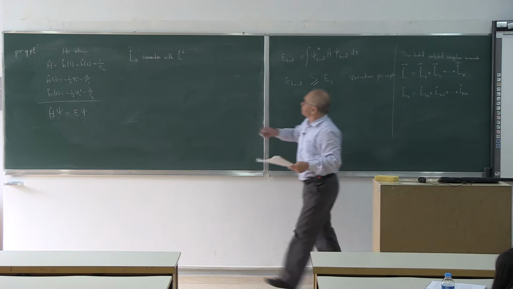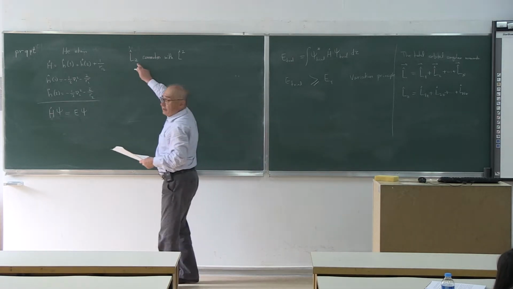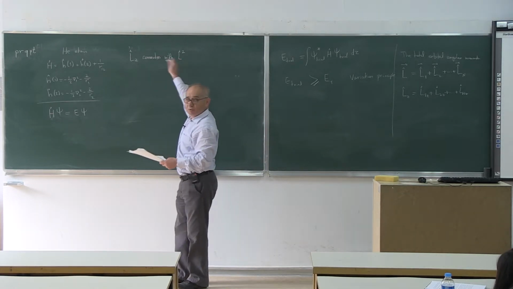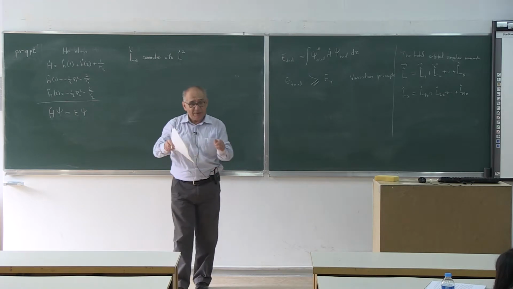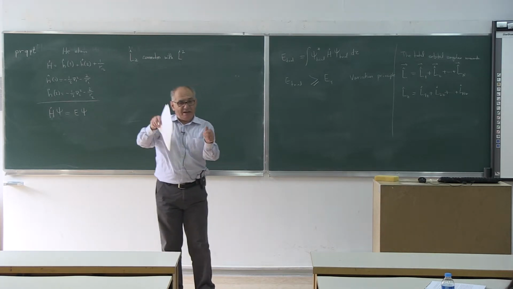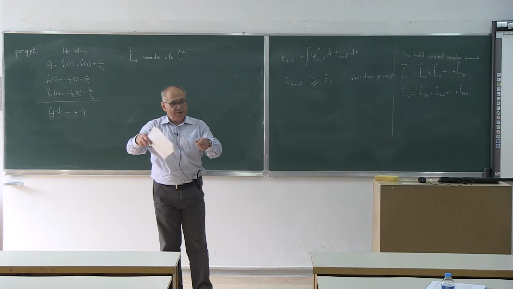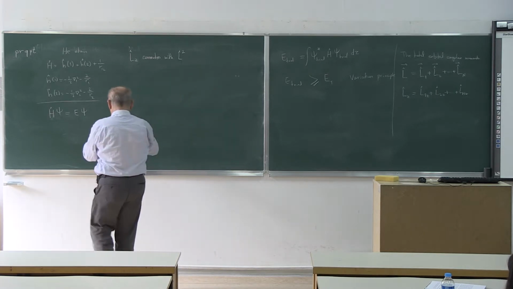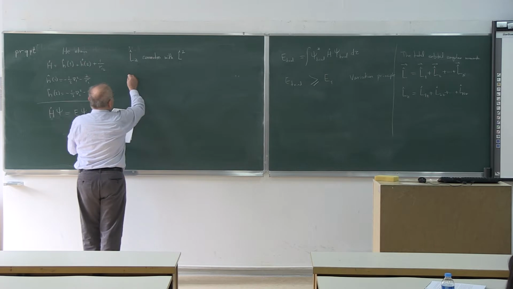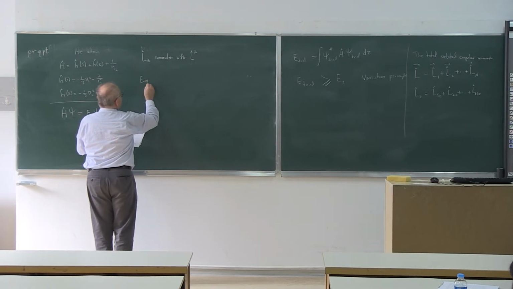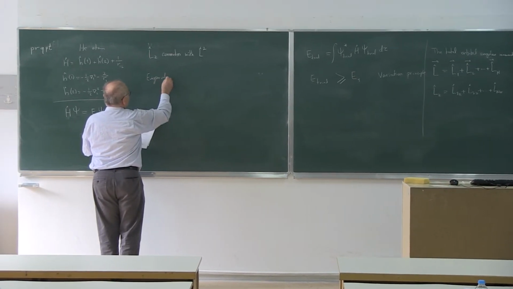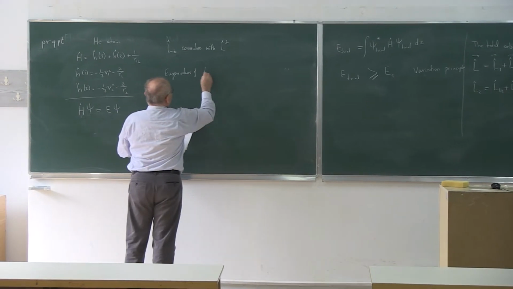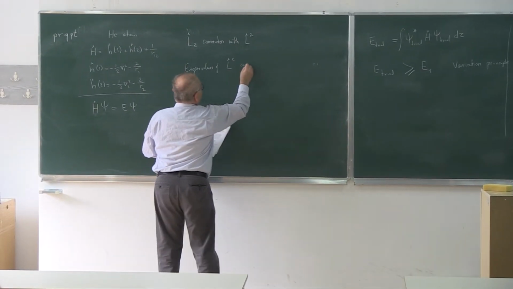Even so, Lz commutes with the square of L. This means Lz and L square have the same set of eigenfunctions. However, their eigenvalues are different. Now, the eigenvalues of L square are known.